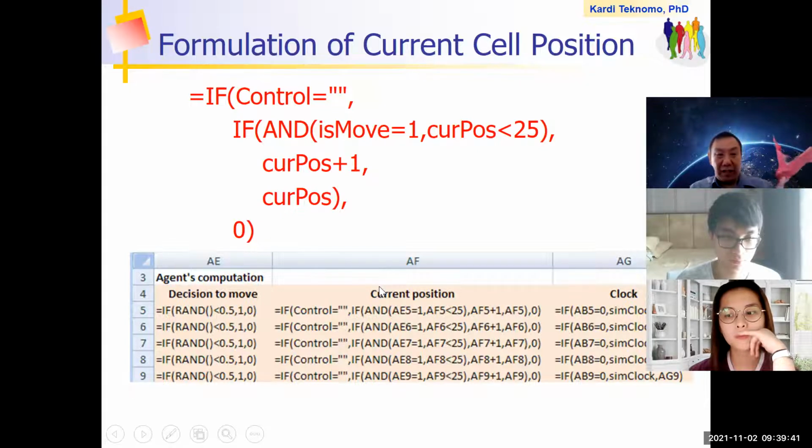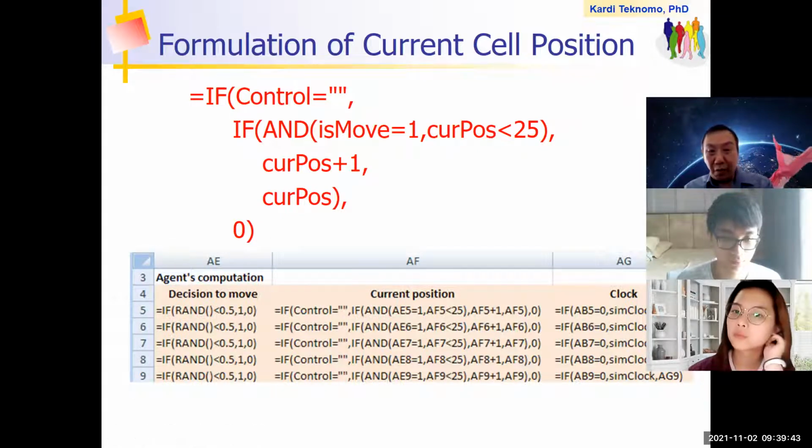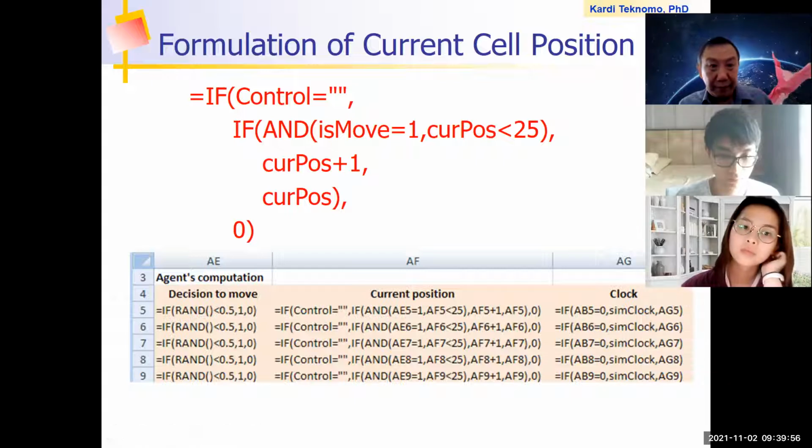So you create the agent's decision to move, current position, and sim clock. The sim clock is the clock. Initially it is 0. Otherwise, it's the sim clock.